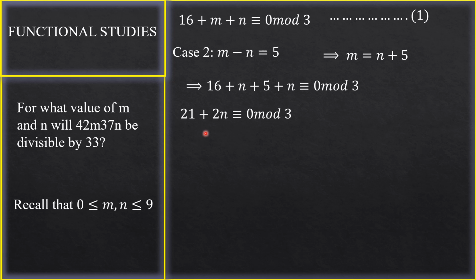Simplifying, you have 21 plus 2n is congruent to 0 mod 3, and 21 in mod 3, what's the remainder when 21 is divided by 3? It is 0 now. So this one will just be 0, you'll be left with 2n is congruent to 0 mod 3.